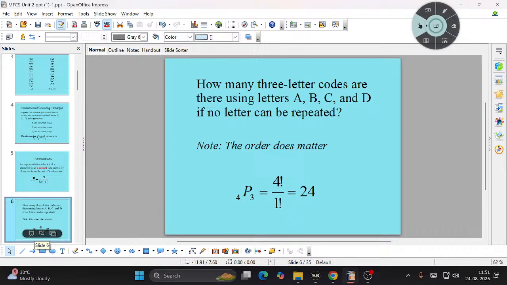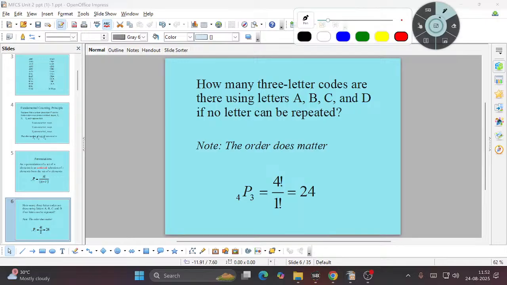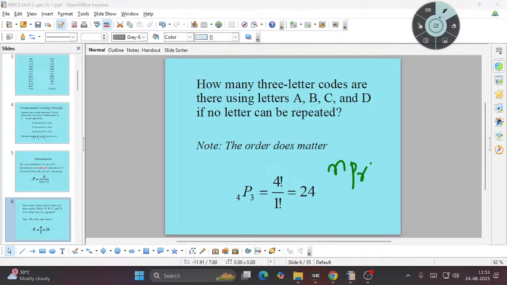Is anyone new here? For permutations, you have to take down the formula I have given just now. nPr is equal to n factorial by n minus r factorial. What is n here? The total number of elements is 4.